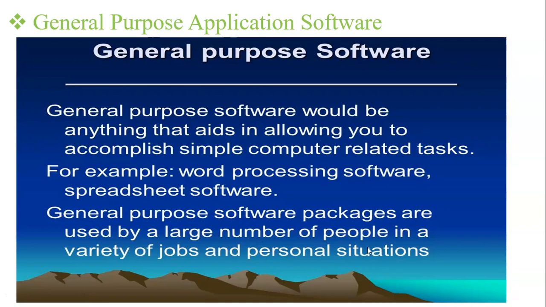General purpose application software is developed keeping in mind general needs or requirements, such as the things we require in jobs or in personal situations, or if we want to calculate anything, we can calculate using all these general purpose software. And these can be used by N number of people.